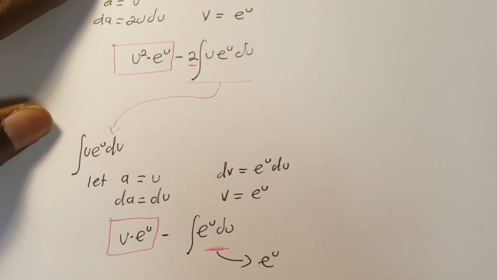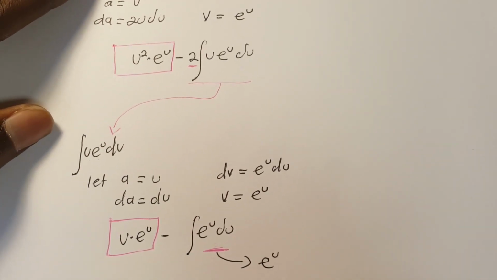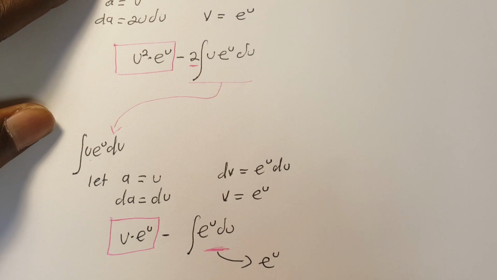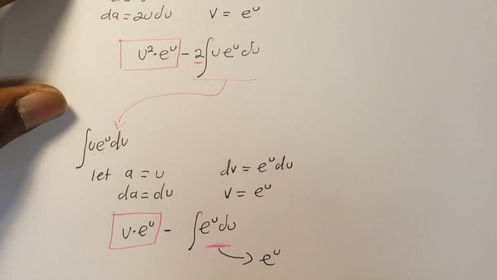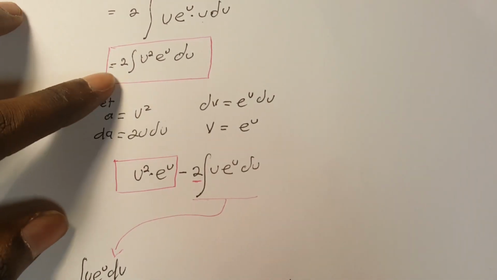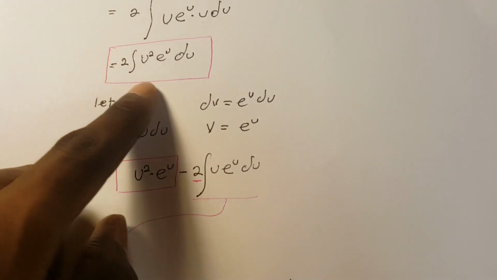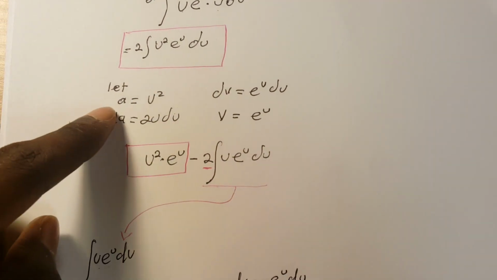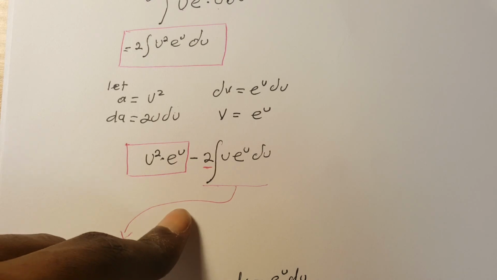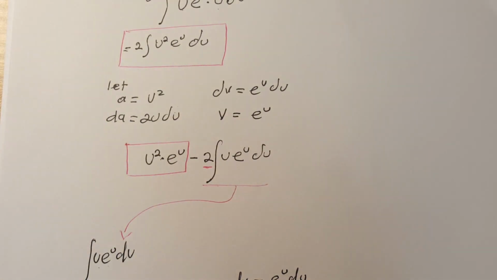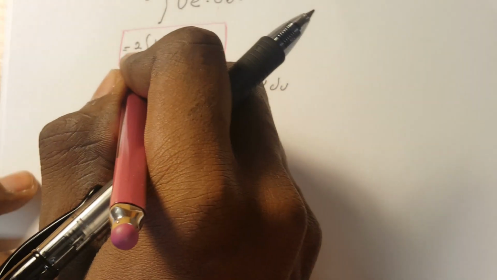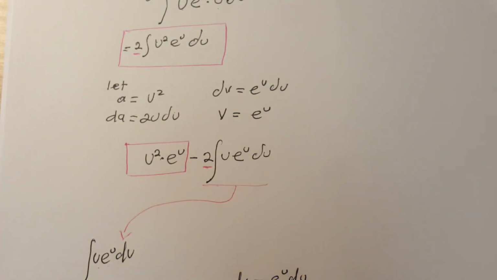We started with that guy here, that is the 2 being multiplied by the whole function. Then we let our A be equal to that, then we came here. So we also left a 2 at this point right here, so we shouldn't forget about that.